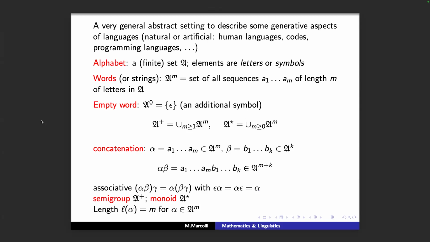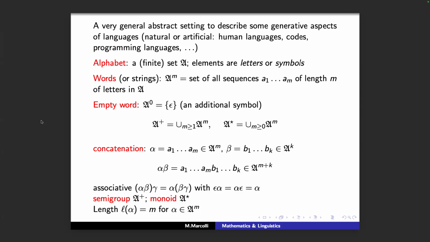So let's go back to the general formulation of the setting of formal languages. You have some finite set, which is your alphabet. You can use letters or any kind of symbol that would correspond to lexical items in an actual language, but you can just think of them as zeros and ones, or a number of symbols. Does this include punctuation?